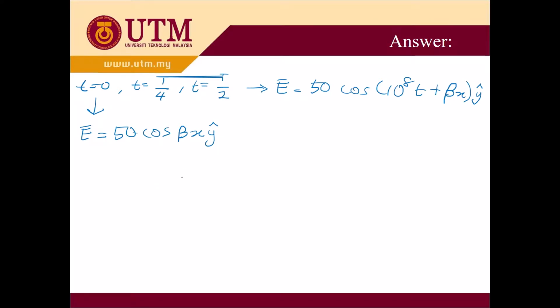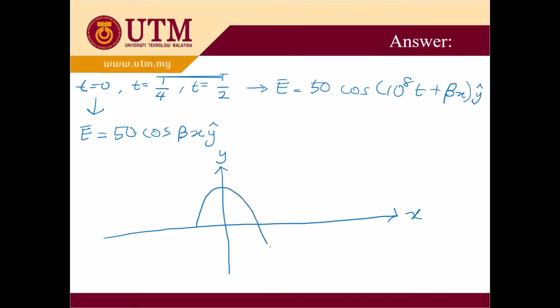So the graph becomes like this. This is the direction of the E field, which is the y direction, the oscillations, and this is the direction of the propagation, basically x. And then the graph is cosine, something like this.